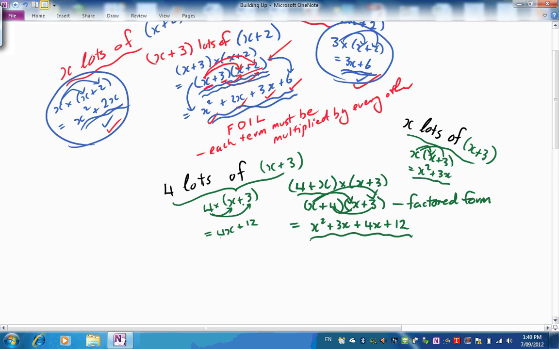So the two separate parts, 4 lots of x plus 3 and x lots of x plus 3, come to this much. And of course, that agrees. All the terms are in there. You've got the x squared and the 3x from this one, and then you've got the 4x and the 12 from this one.